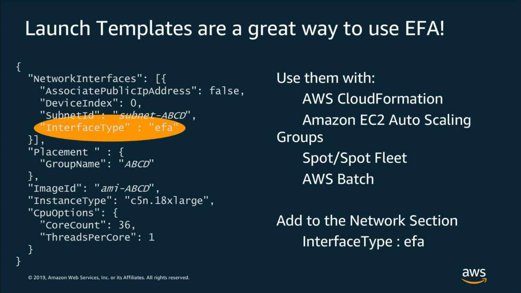Again, it's very simple to add EFA to your existing clusters if they are based on launch templates. Notice also that launch templates give you an easy way to disable hyperthreading via the threads per core key pair near the bottom of the launch template. A value of 1 signifies that hyperthreading is to be turned off.